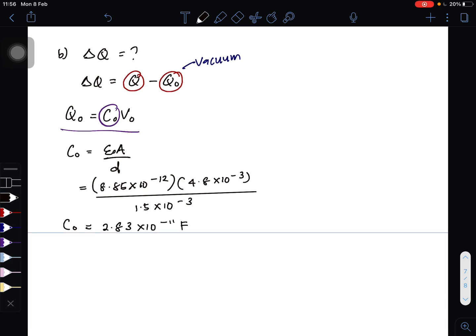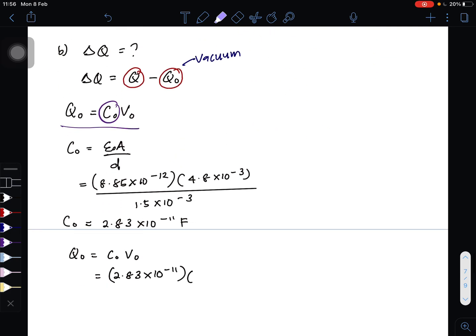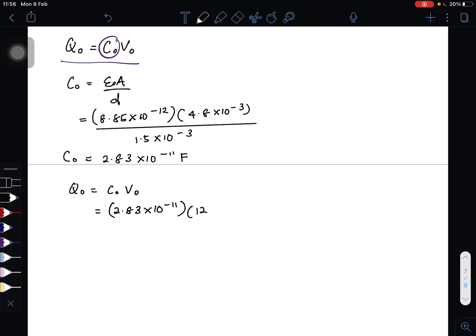Now that we have C0, we can find Q0. Q0 will be equal to C0 V0, where C0 is what we calculated, and since V is constant, we use 12 volt. So we get 3.396 times 10 to the negative 10 coulomb.